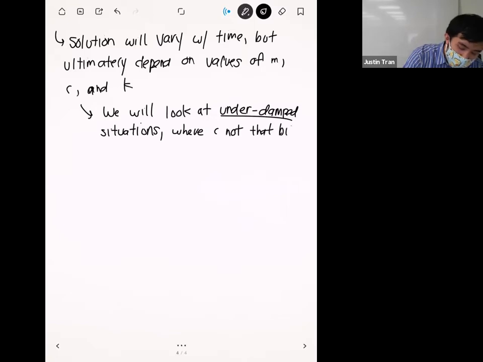In underdamped situations, the damping constant is relatively not as strong as the mass or the spring constant. And that gives rise to a time solution that oscillates with time.